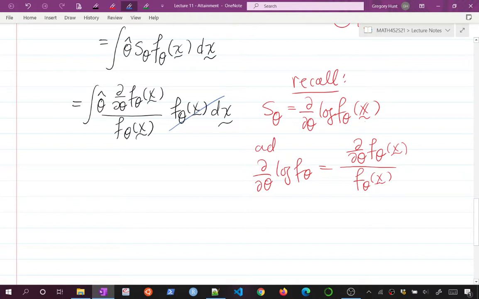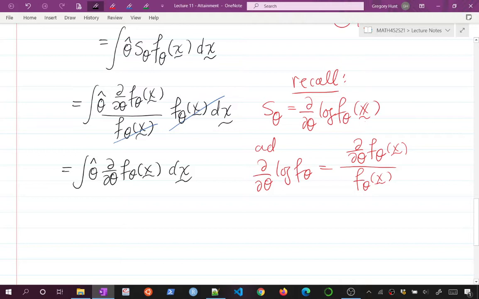The f theta on top cancels with the f theta on bottom, and we get the integral of theta hat times the derivative of f theta of x with respect to theta. Now, theta hat does not depend on theta, right? By definition, theta hat is a statistic. It can't depend on an unknown parameter. And so as far as the derivative with respect to theta, theta hat is a constant. It can go in the derivative, come out of the derivative.